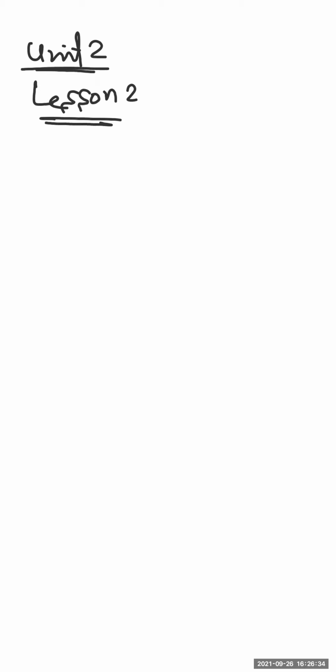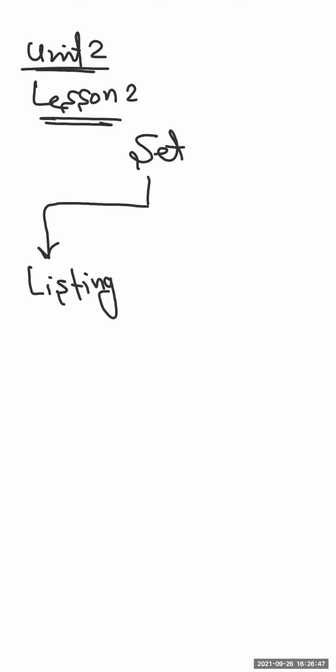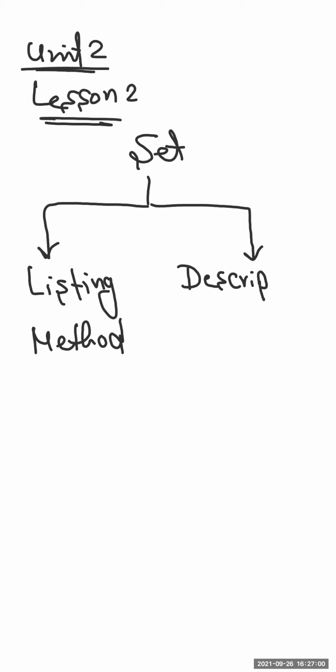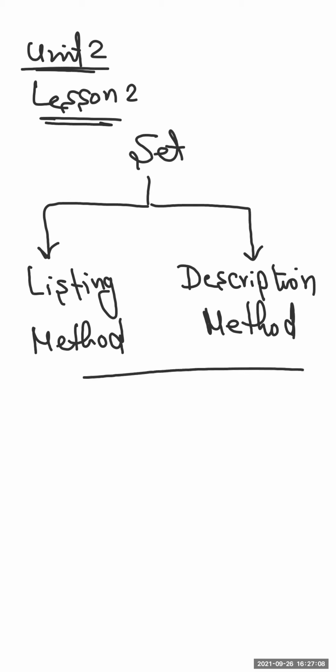The first one is the listing method, and the second one is the description method or descriptive method. Okay, so the first one, the listing method.